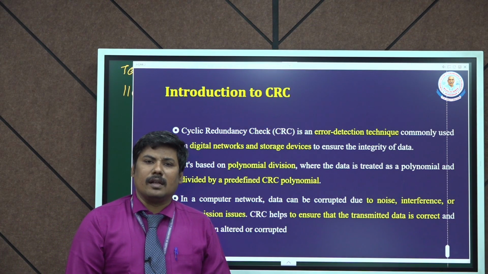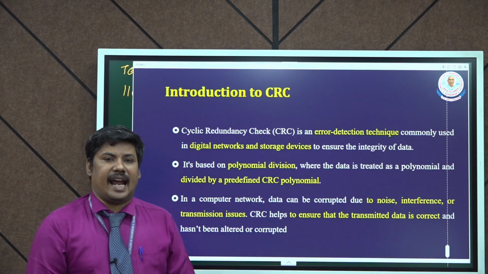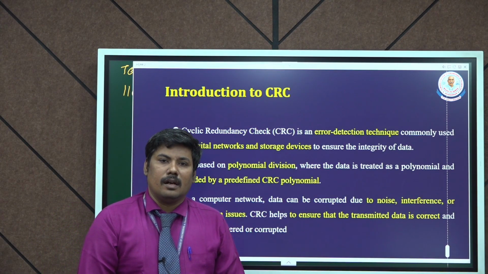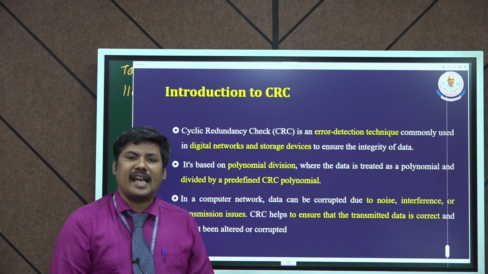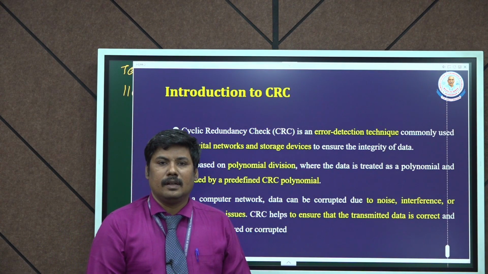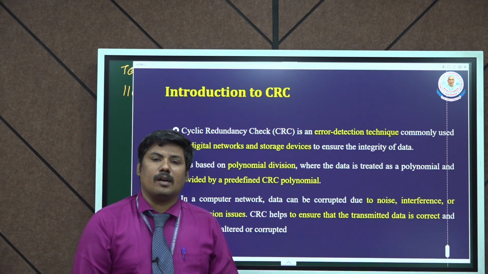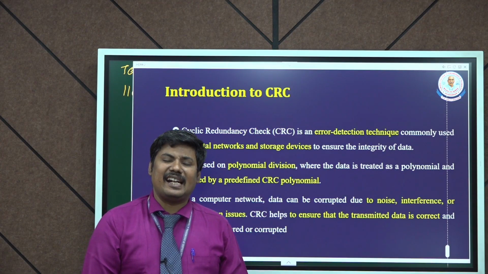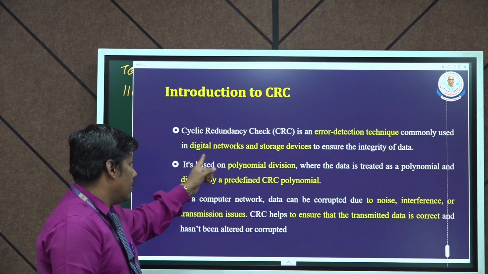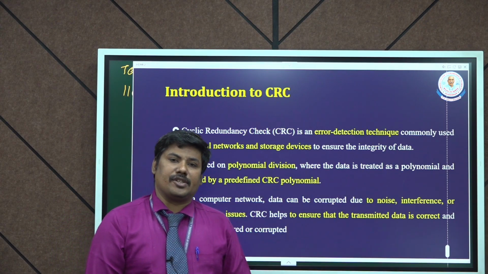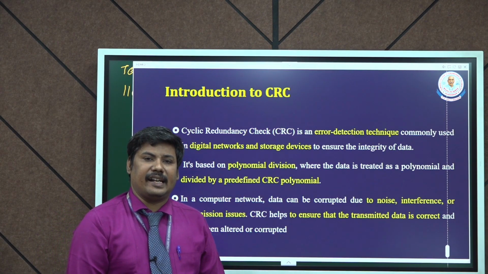In the real world, data is transmitted through the medium in various channels. At that time, we need to check whether our data is secure or not. So cyclic redundancy check is one of the most commonly used error detection mechanisms in digital networks and storage systems, which is used to ensure data integrity.